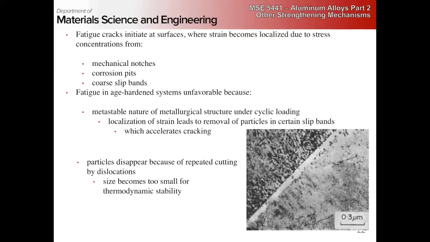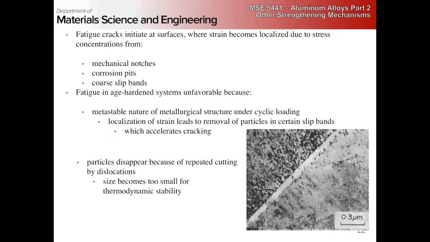So fatigue in general in precipitate strengthened aluminum alloy systems becomes unfavorable, right? We're not as good. Generally, fatigue in our age-hardened systems is not as good as fatigue in solid solution strengthened systems, right? We have to remember that we're in a metastable microstructure state, right?